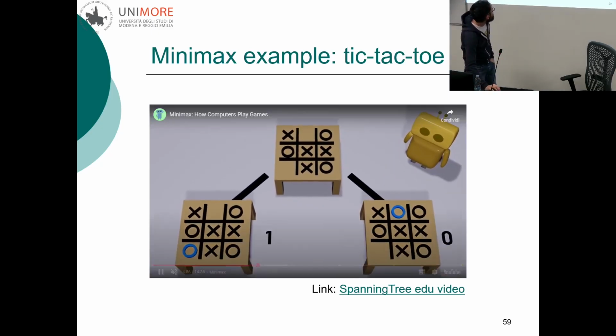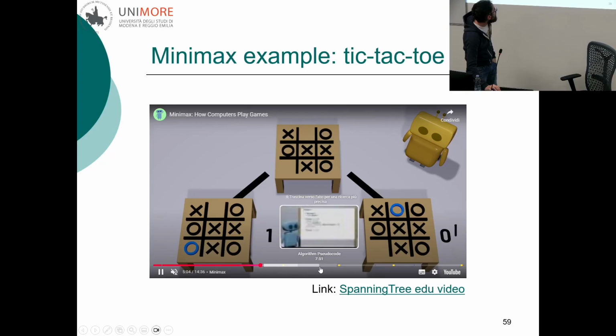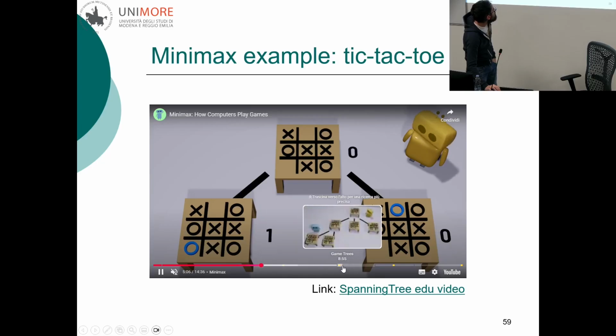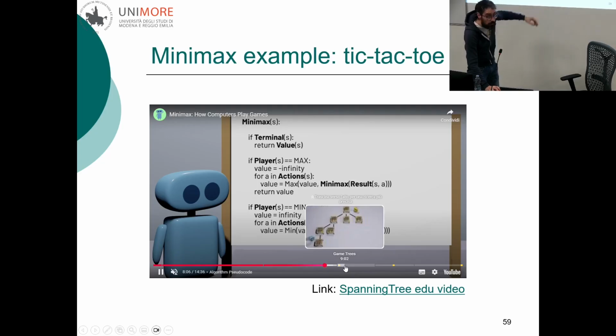So if an agent can do both, so distinguish when it is winning or losing, and foresee next states, this is the description of the minimax algorithm. Okay, so very easy algorithm. You can program this in Python easily, like I don't know, 20 lines of code probably.